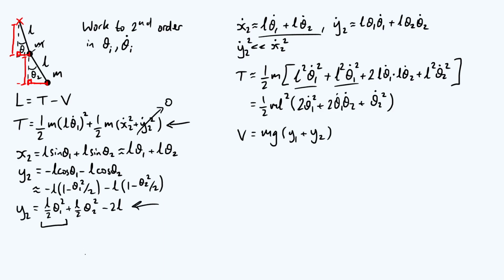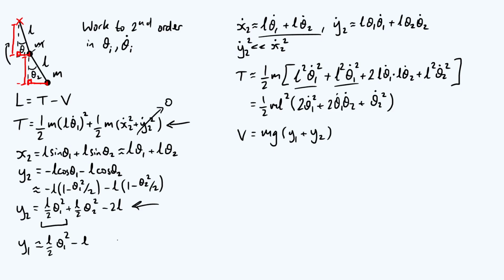y1, we've actually also kind of done that as well, because y1 was just one of the contributions to y2. It was essentially the top vertical red line in that diagram. So when I did y2, I added that to another contribution. y1 is just going to be that top vertical line. So I can say y1 is essentially just this term there. And if I expand those brackets, I get L over 2 theta 1 squared minus L. And that's going to be our rough expression for y1.